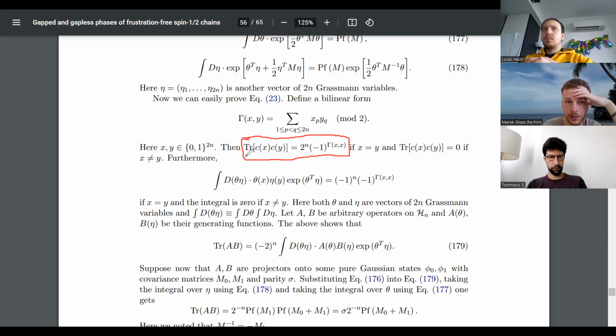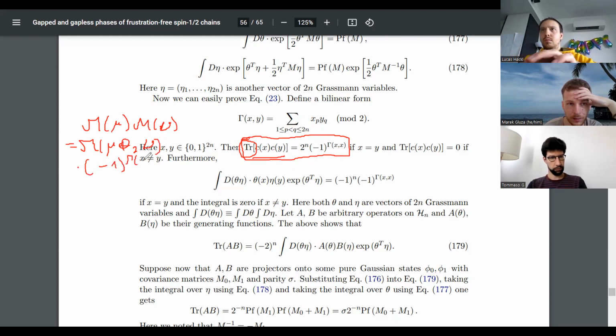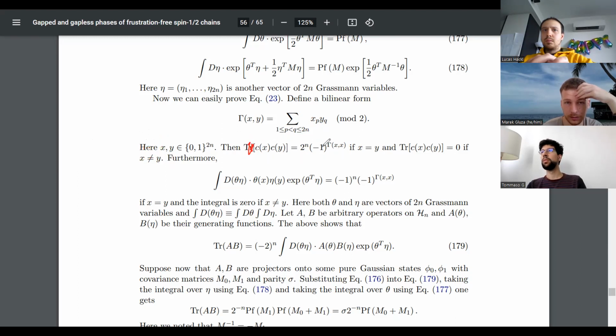Here they only need the traces of products, but I was giving the general formula already of mu m nu, and we saw that this was m of mu binary addition nu, and then you need to additionally factor in this gamma function of mu nu. Just in this notation you would add c plus y here, and it would probably work. And this 2 to power n is just a trace of identity.